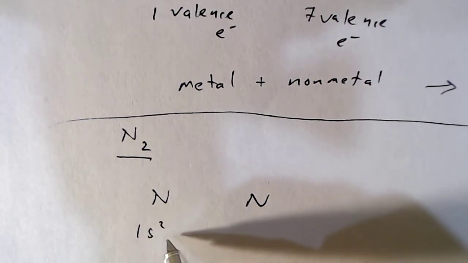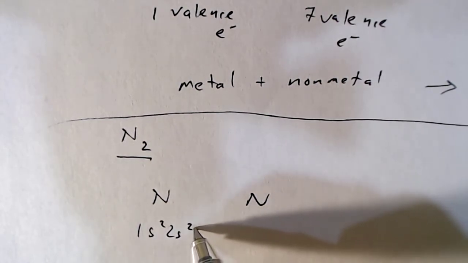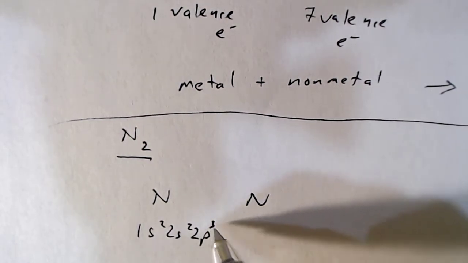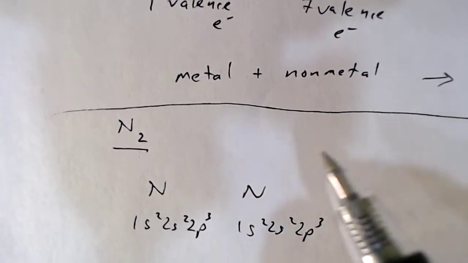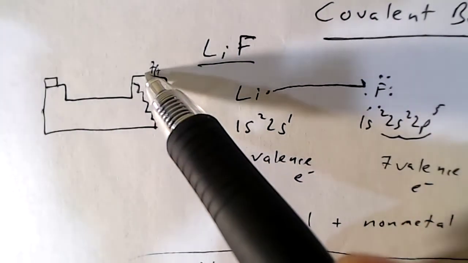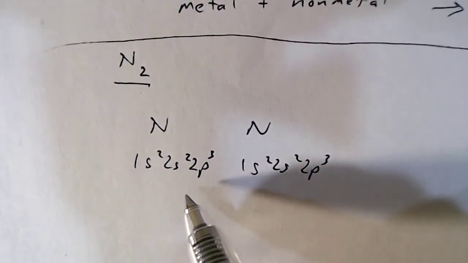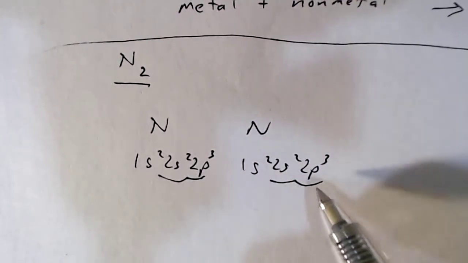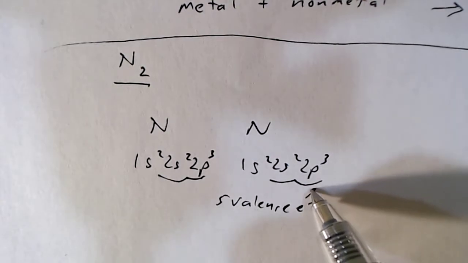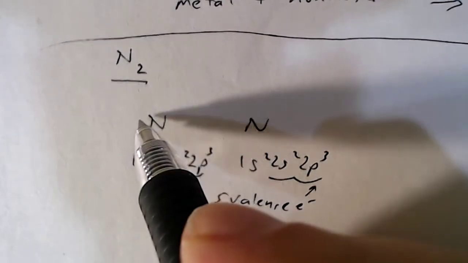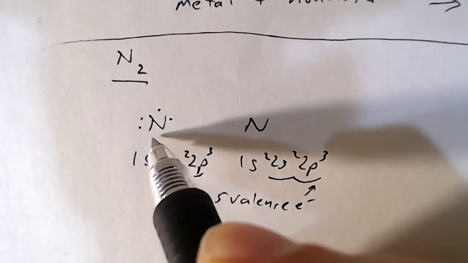Each of these starts out as 1s2, 2s2, 2p3. Each of these starts out being in group 5A here. Each of these starts out with 5 valence electrons. And so they will each start out with 5 Lewis dots.